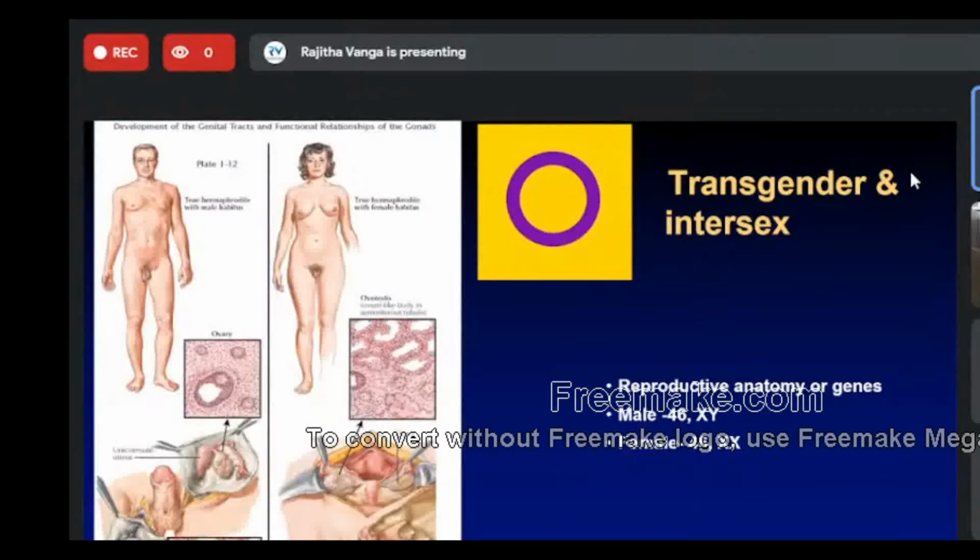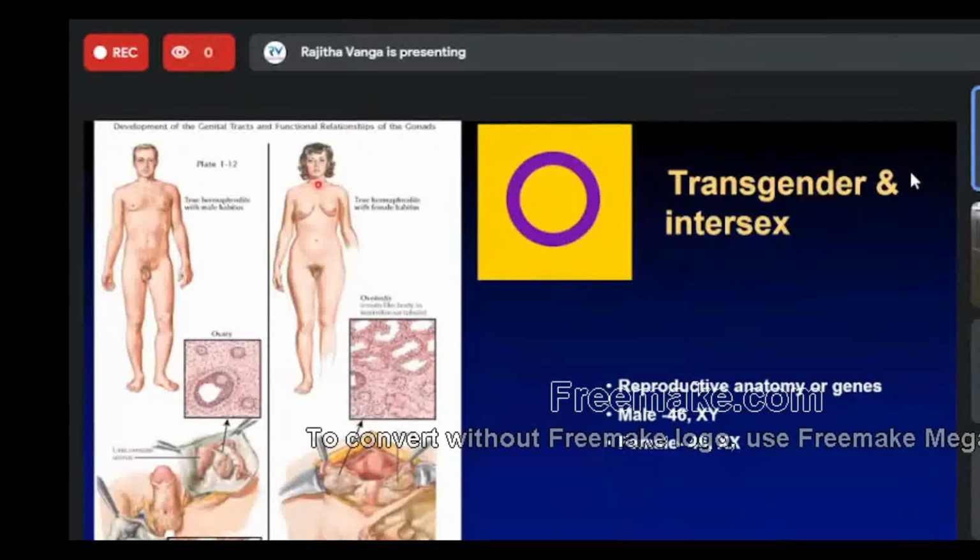So here in this image, you can see a male external appearance, but internally, histologically, he may have ovaries inside, and also the testes, and a developed penis is seen. Such people who have reproductive biological anomalies are considered to be intersex.